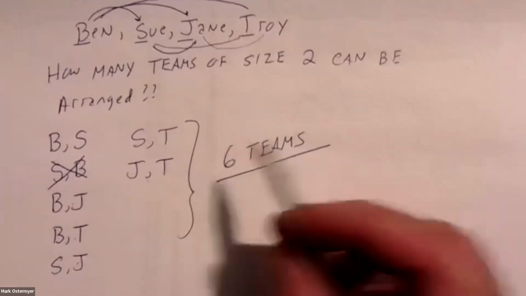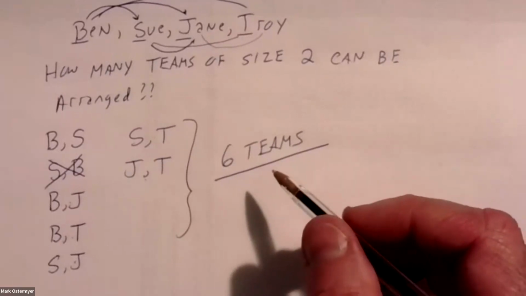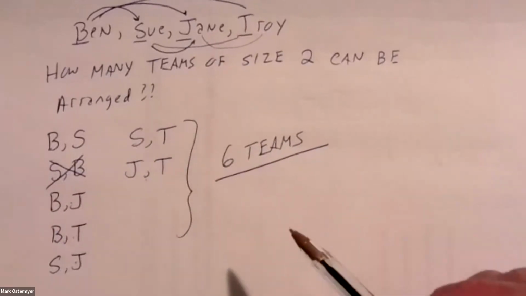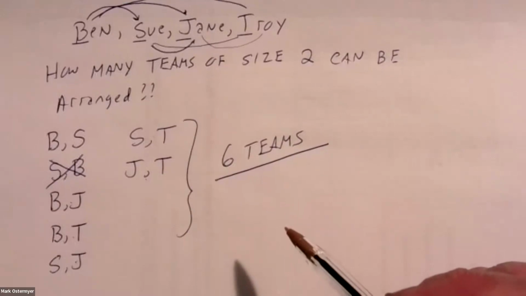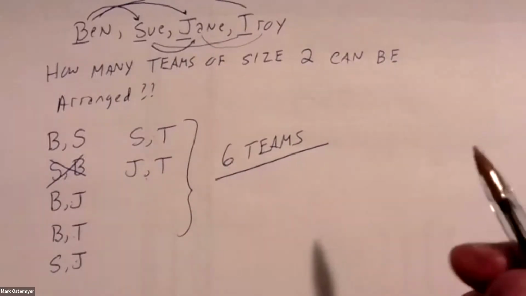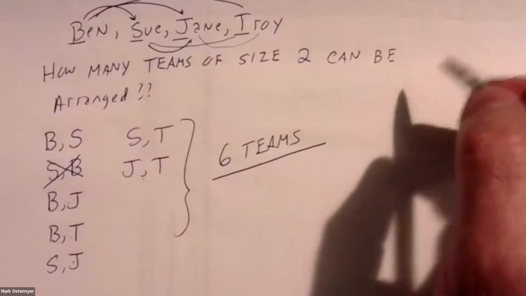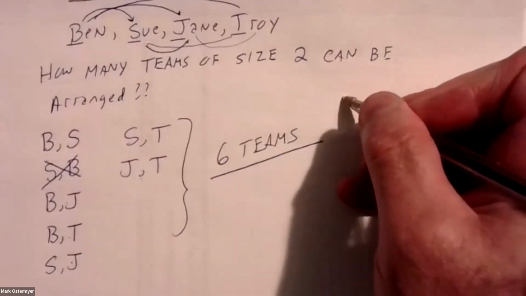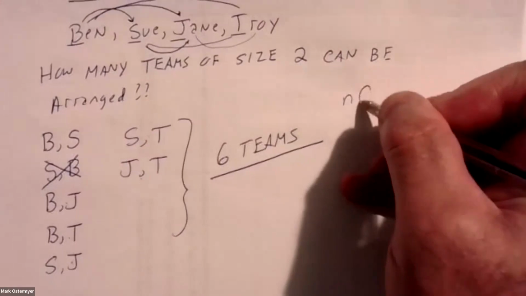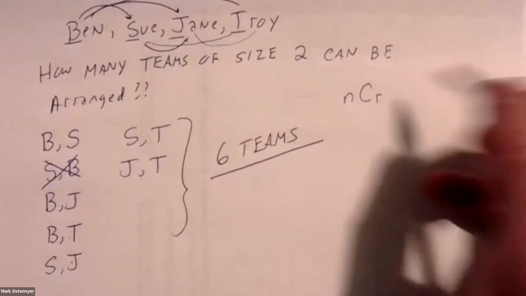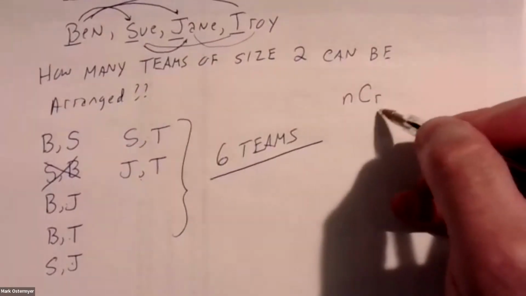Ladies and gentlemen, this is called the combination. This situation here, where order does not matter in choosing these teams or putting these teams together. And to the rescue, we have this formula. N in combination with R, or N choose R. That's how we read this notation.